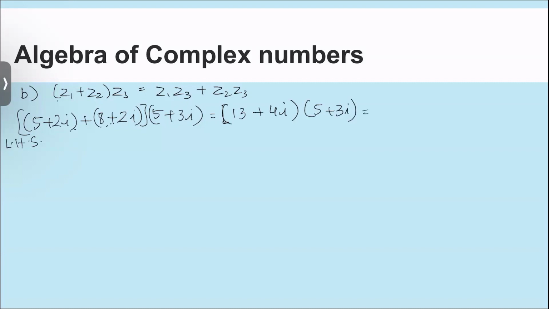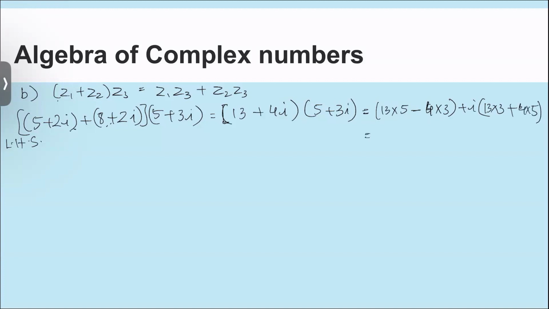Again, we put it in the form of multiplication of two complex numbers. So you have 13 multiplied by 5, that is AC minus BD, 4 into 3, plus i times (AD, 13 multiplied by 3, plus BC, that is 4 into 5).